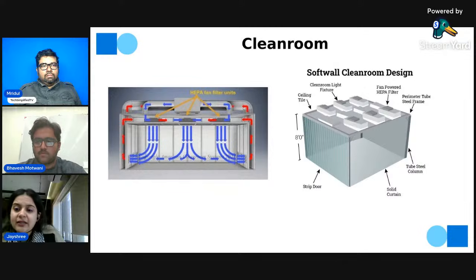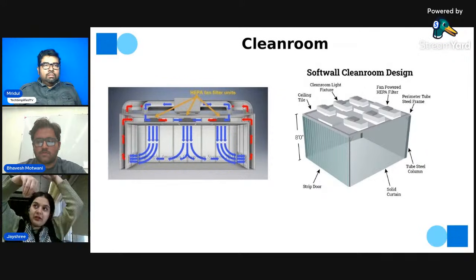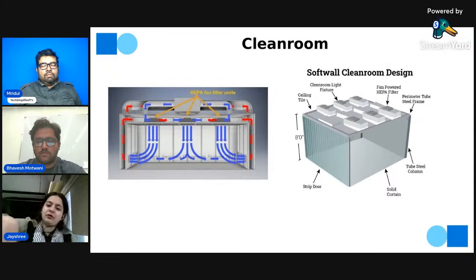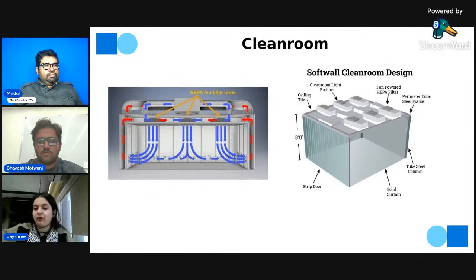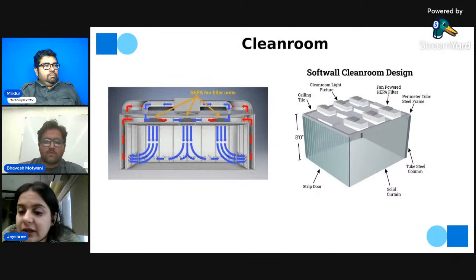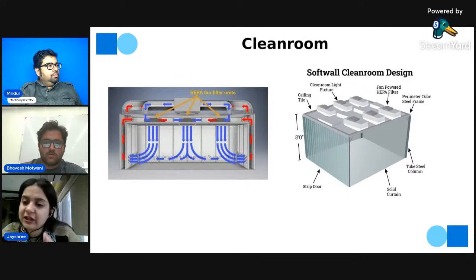You can see there is a ceiling tile, then the clean room lights, then HEPA filters which are fixed so that from the top they push the airflow, and then it is removed from the bottom side also. These are the strip doors, and this is a soft structure, a temporary structure. Depending upon the fab labs and requirements, the clean room structure is changed also.